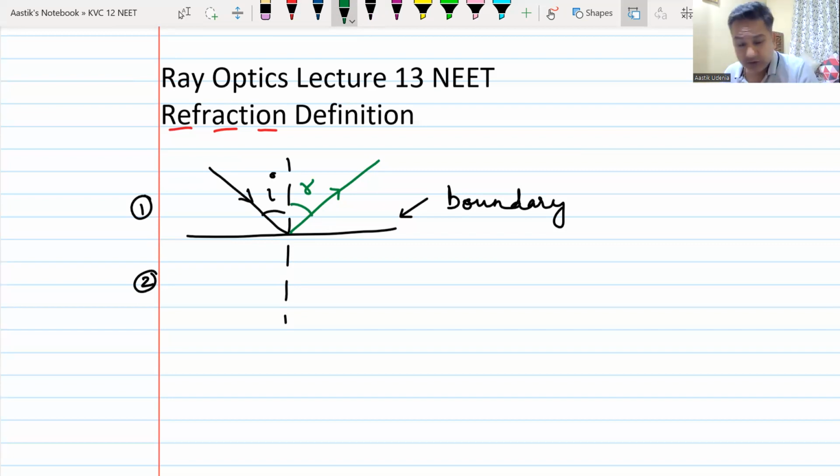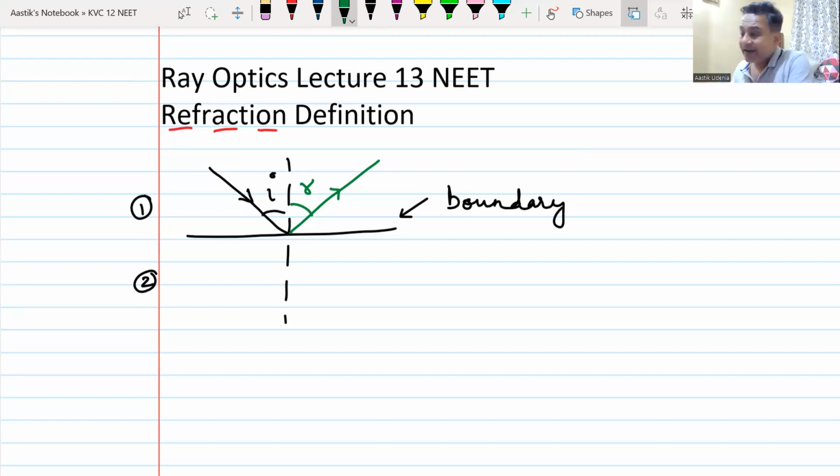But it will also happen that instead of getting bounced back in the same medium, light can also pass into the second medium. This phenomenon, when light passes from the first medium to the second medium, and in doing so, it gets bent. It bends.